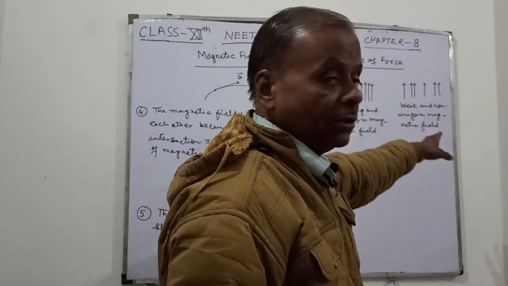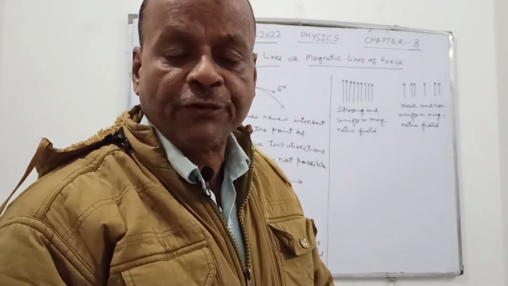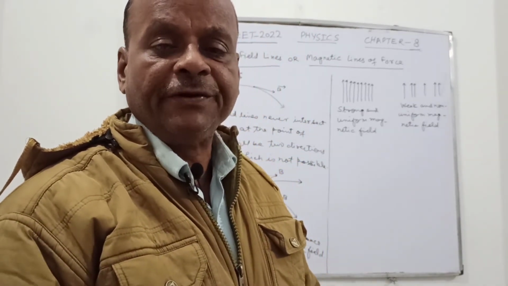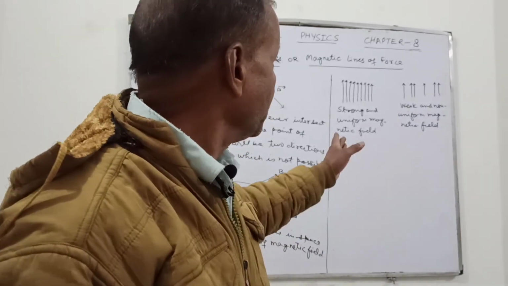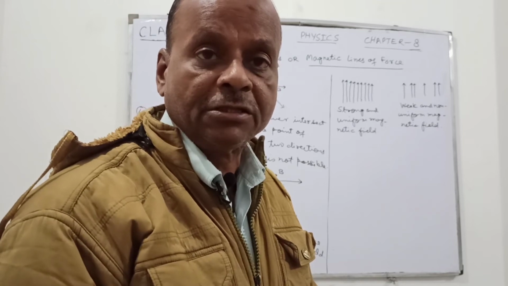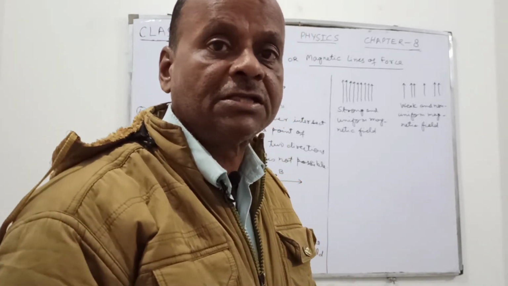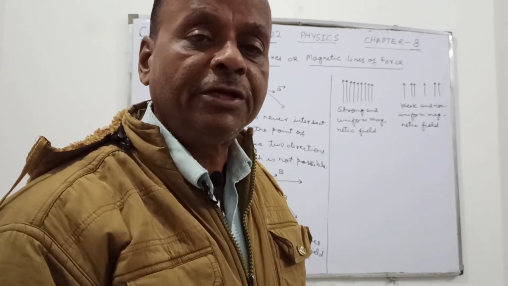This is showing you because the field lines are not at equal distance from each other. It means that the field is non-uniform. Moreover, the lines are away from each other, they are apart from each other, so they are not equally spaced. So this is the non-uniform and the weak magnetic field.